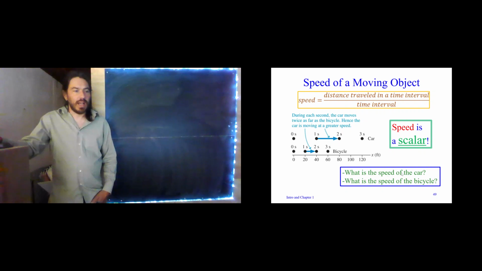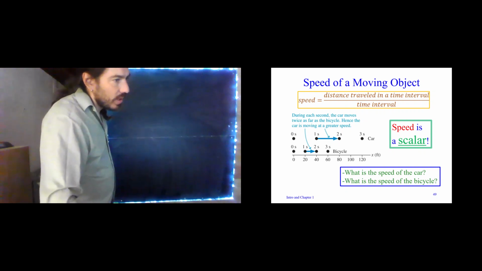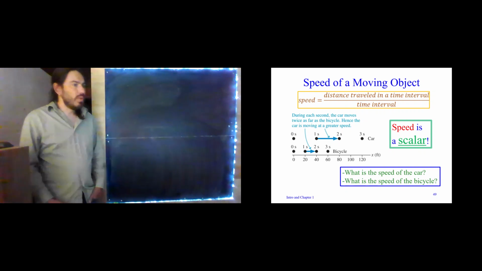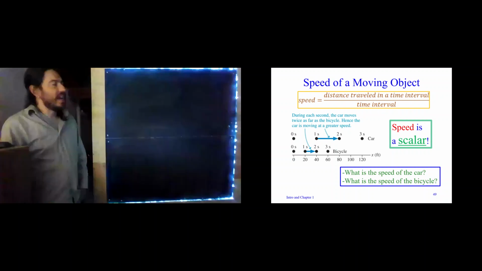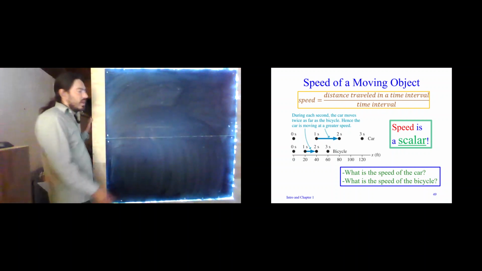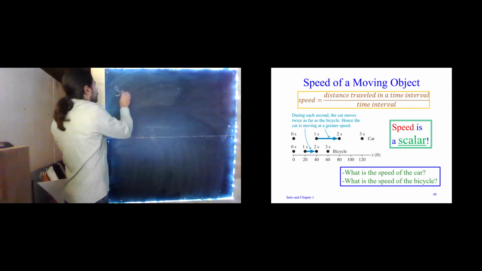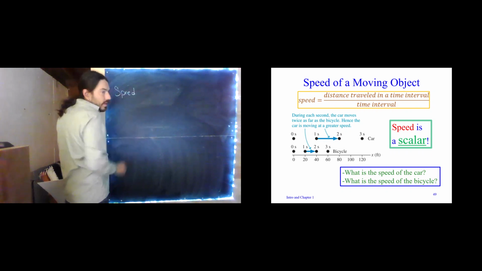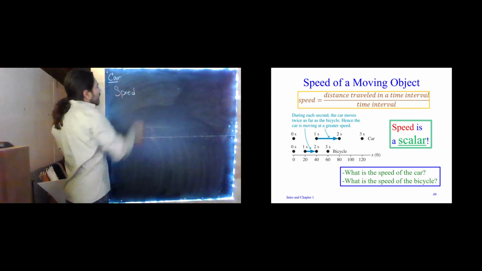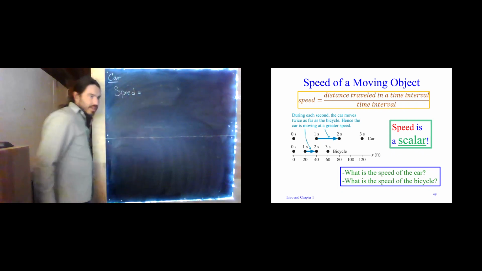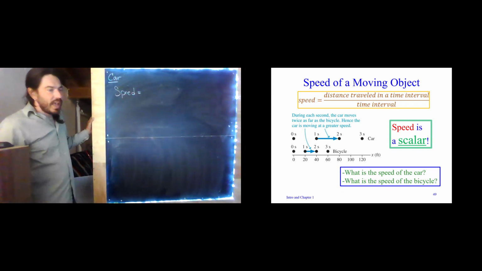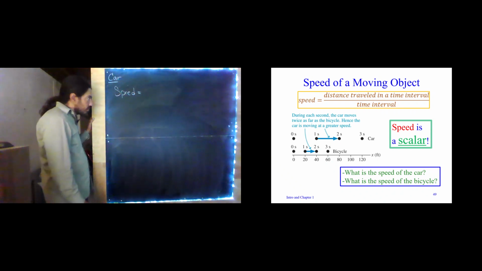Let's do a real quick example using the numbers on this picture here. So it says, what is the speed of the car and what is the speed of the bicycle? Well, we know that speed is distance traveled in a time interval. So, for the car, the speed is distance traveled over the time interval. Well, how far did the car go?